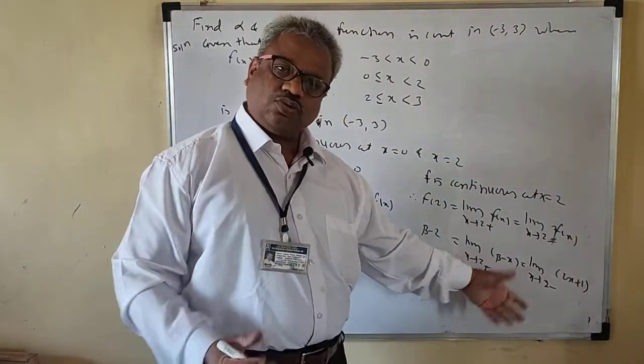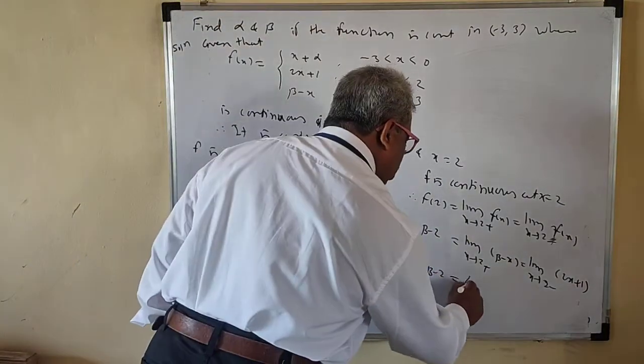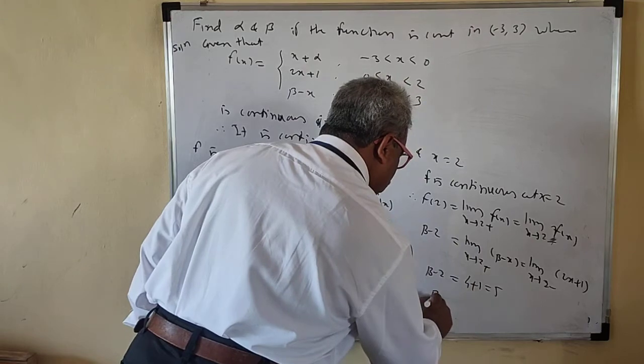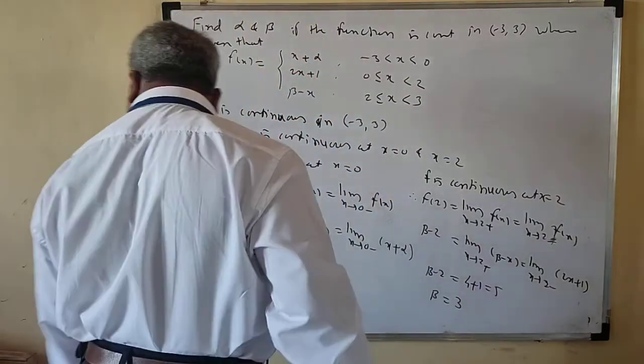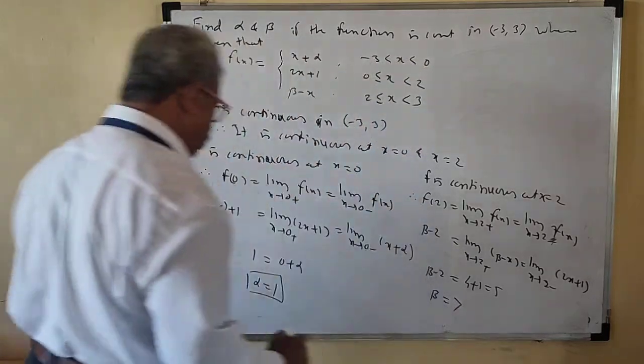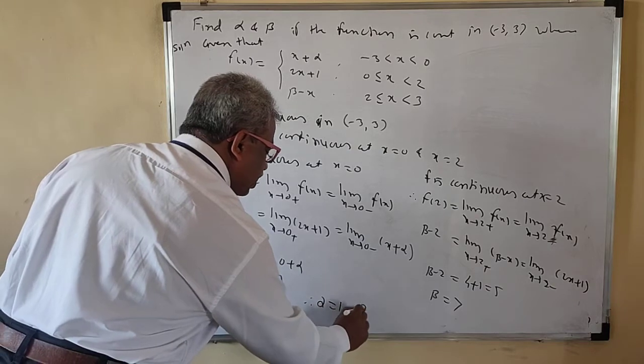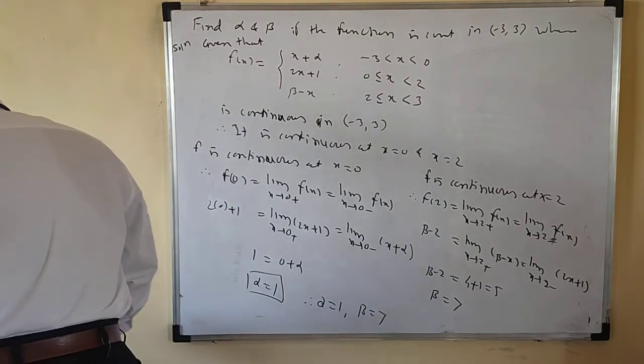This is also beta minus 2, so we are not writing that. So 2 into 2 is 4, 4 plus 1 is 5. So beta is equal to 7. Beta is 7, not 3. Okay, so your final answer is alpha equal to 1 and beta equal to 7.